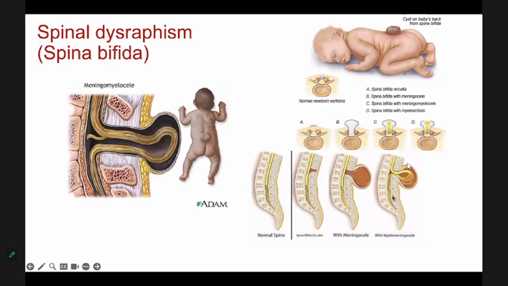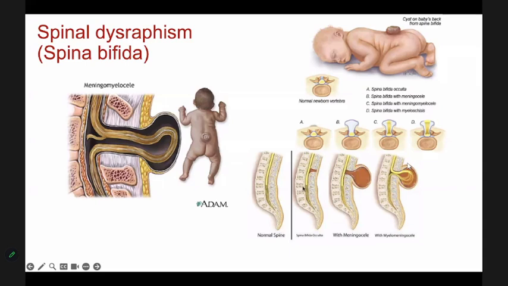You know that myelo means the spinal cord. So spinal cord components, which include the cauda equina, can get invaginated into the sac, which is lined by the dura, the meningeal coverings. So these are the two forms that we see.